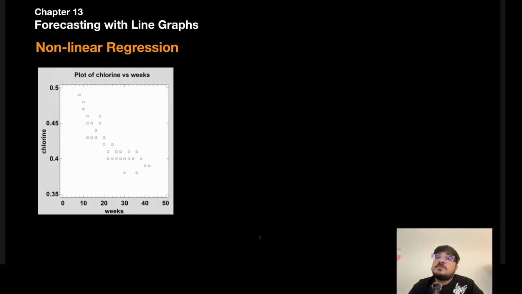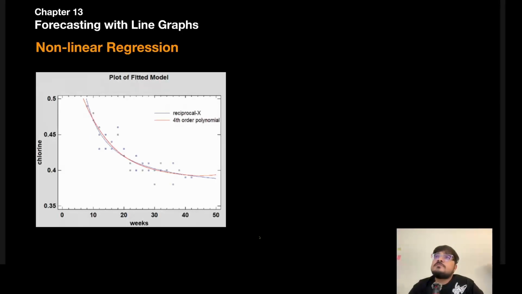If you see the first 10 weeks, the chlorine is not that much degraded, but over 40 weeks, 50 weeks, you can see it's coming closer to 0.3538 or something.